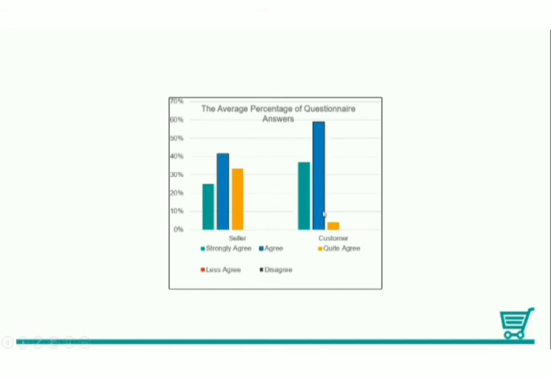While on the customer side, the average of respondents that chose agree is 58.9%, followed by the average of respondents that chose strongly agree and quite agree, which are 37% and 4.16%.